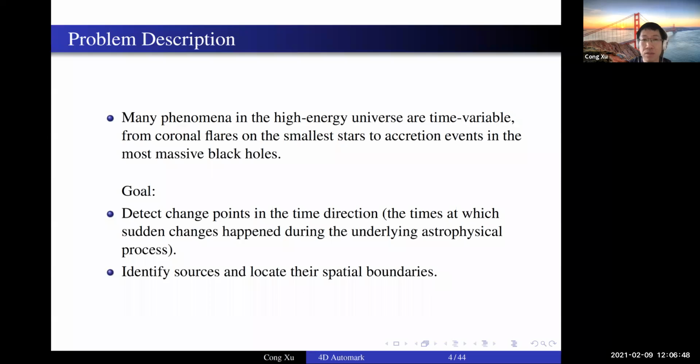Apart from detecting the change points, we also want to identify the source of the astronomical object, and also locate the spatial boundaries. The change point can mean the intensity of the source changes, the shape of the source changes, or some other changes. All of them, we want to detect these change points.